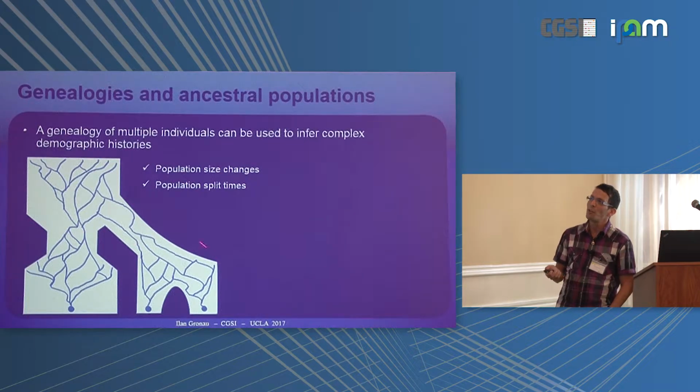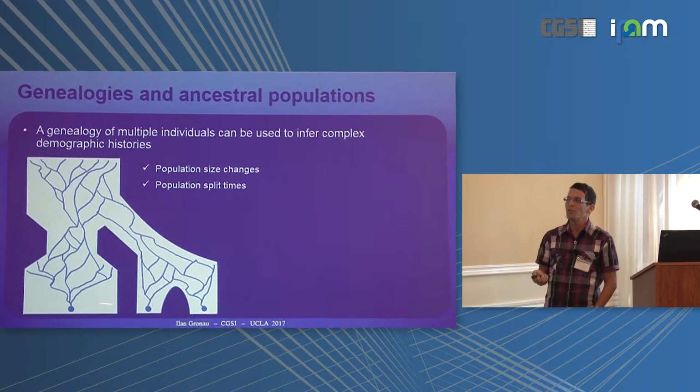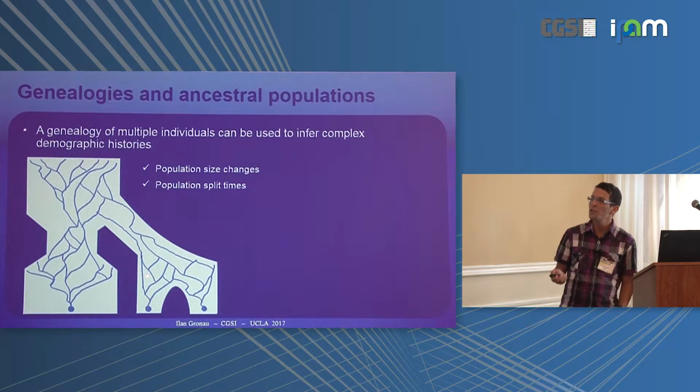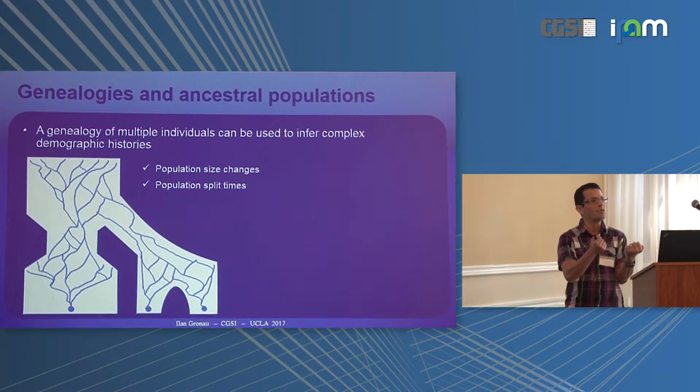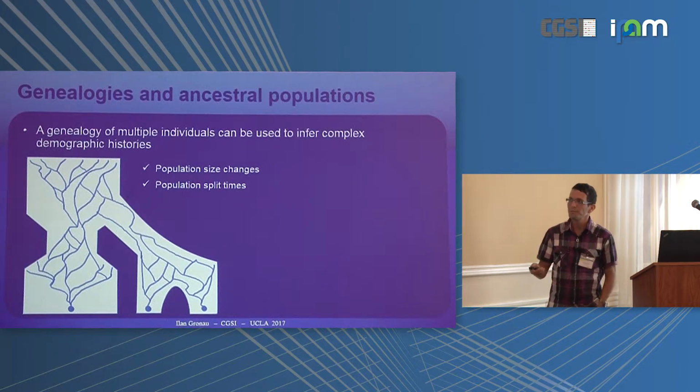For instance, by looking at this combined genealogy of 3 individuals, you can see that these 2 populations are more closely related than they are to this third population, and you can even try to estimate the times of these splits by looking at the distribution of these coalescent events between parts of the genealogies of different individuals from different populations.